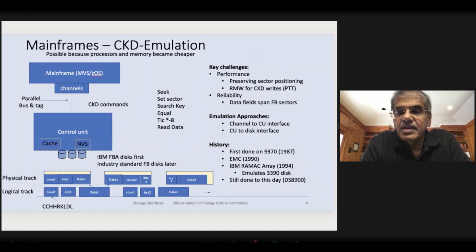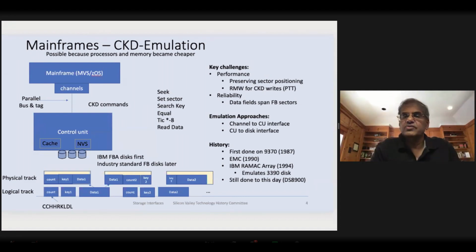And then later in 1994, IBM did the RAMAC array. That was where they actually emulated. They took four 3.5-inch Starlight drives and made it look like a 3390 count-key data disk. And then the control unit didn't have to change. You could just use the standard 3880 or 3990 control unit. So very interesting history here.